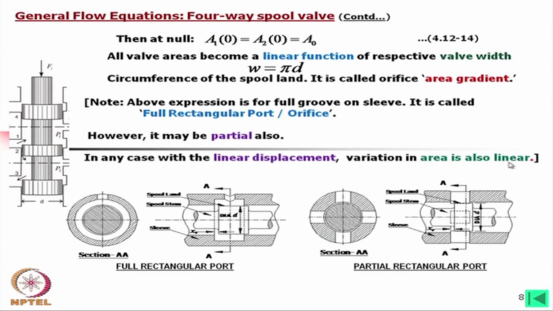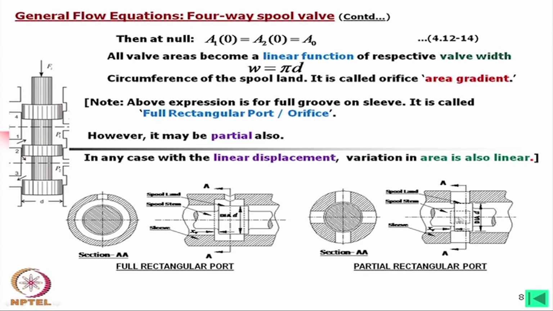In any case, with linear displacement, the variation in area is also linear. We need this linearity, that is why we should not go for any other configurations. If you look at a little detail, these corners are slightly rounded. So, when it is really opening at the beginning, the variation in area is slightly not linear, but that can be neglected, because at the beginning the pressure difference is high.